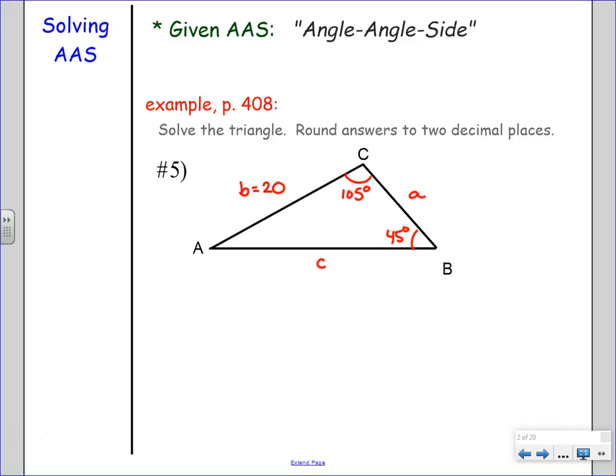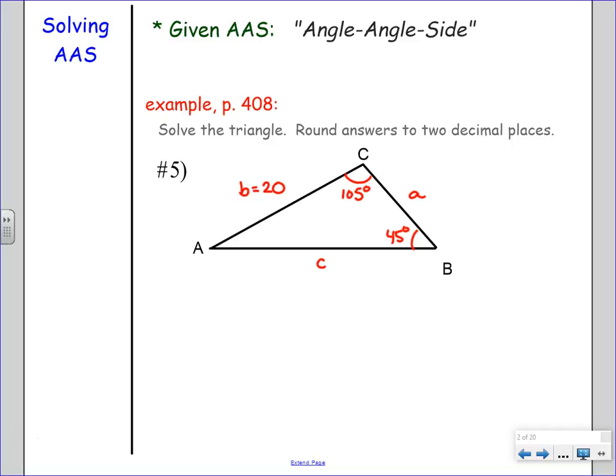For who? Anybody missing? You guys already solving?